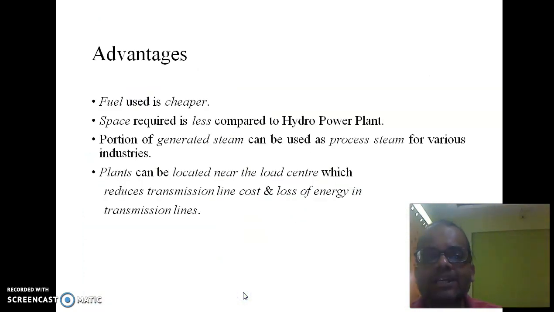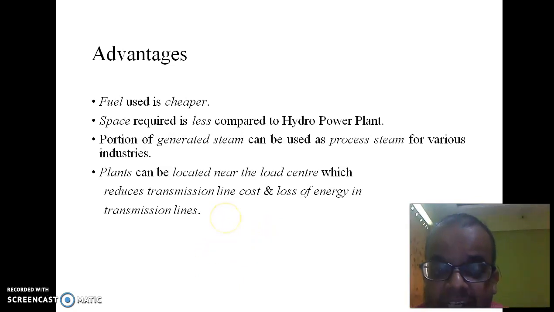Now what are the advantages of the steam power plant? Fuel use is cheaper. The space required is less compared to the hydroelectric power plant, because a hydroelectric power plant requires a lot of space, and because of that many people get uprooted. That disadvantage of the hydroelectric power plant is overcome in the thermal power plant. A portion of the generated steam can be used as process steam for various industries.